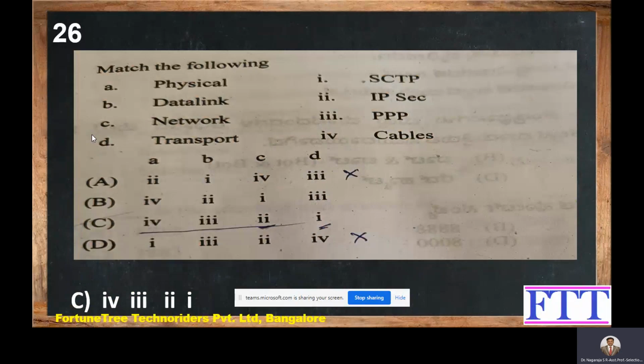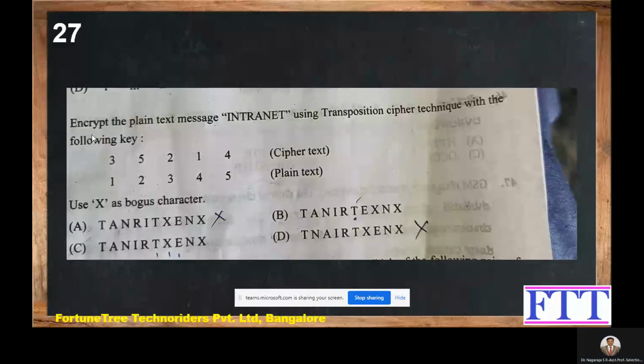27, encrypt the plain text message using the transposition cipher technique with the following keys. They have given the plain text key values as 1, 2, 3, 4.